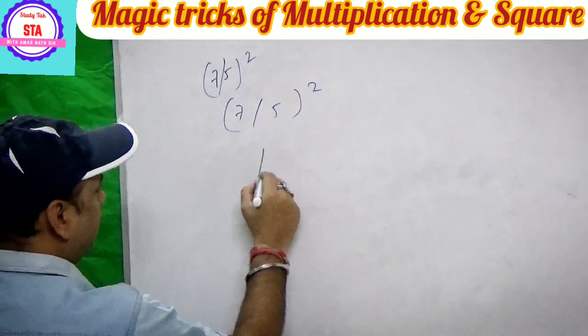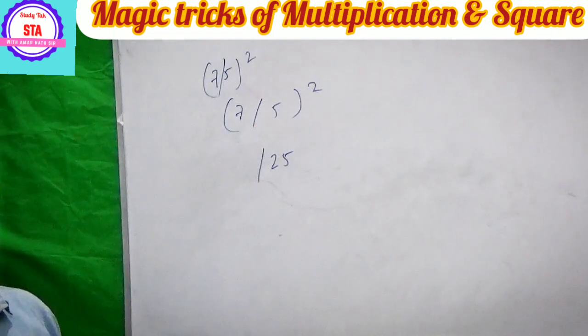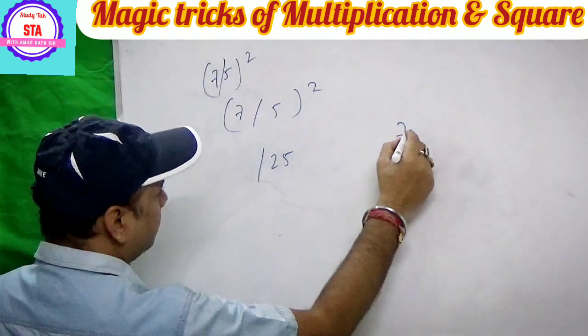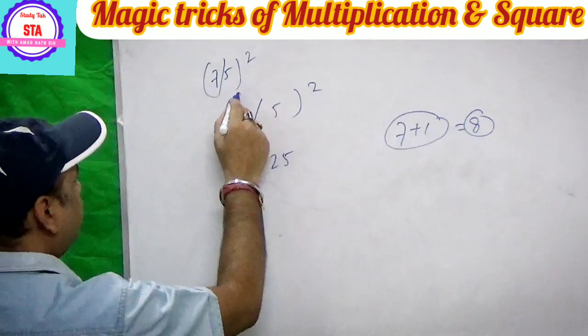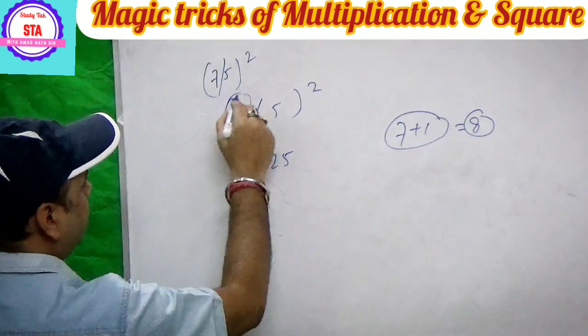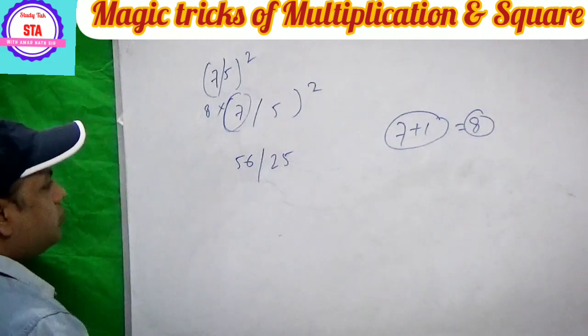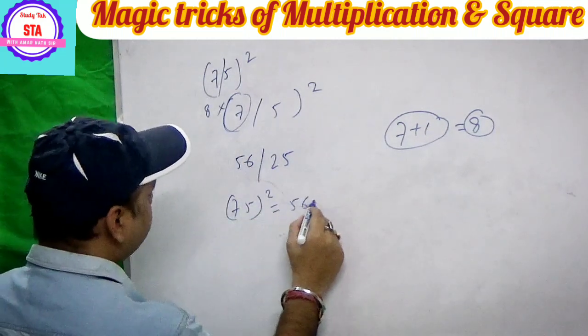The square of 5 is 25. Then you should increase 7 by 1, that is 8. 8 multiplied by 7, that is 56. The square of 75 is 5625.